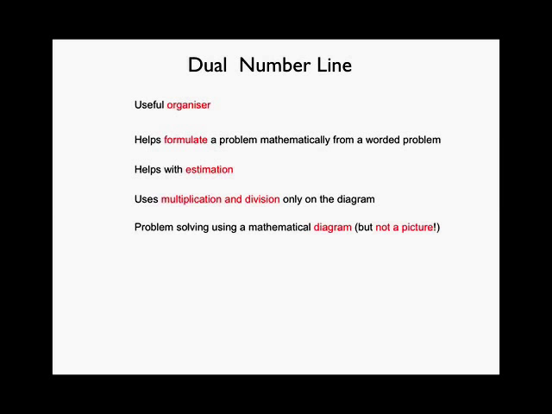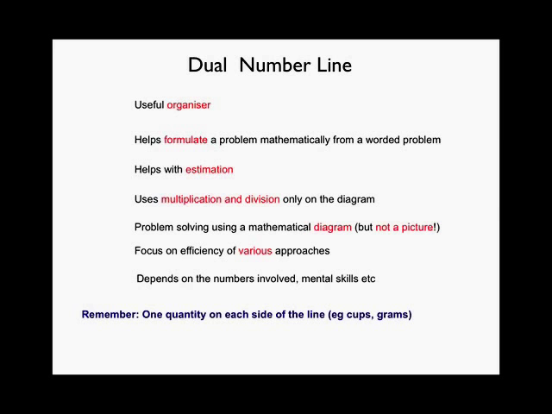Problem solving using a mathematical diagram, but not a picture. It focuses on the efficiency of various approaches, and it depends on the numbers involved, the mental skills, etc. Remember, one quantity on each side of the line. Example, cups and grams.